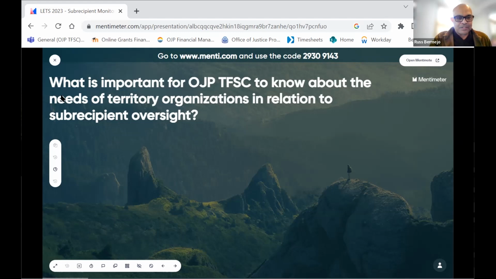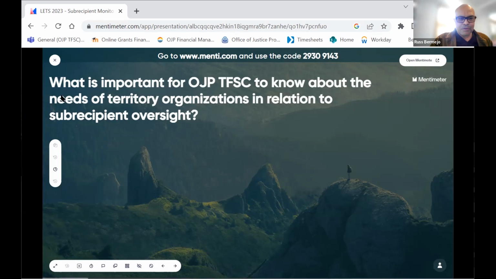Is there something about subrecipient oversight in your island community that is particularly challenging or unique, and something that is important for TFC and even OCFO to know? If you could just enter that into the Mentimeter, we'll read some of those off.